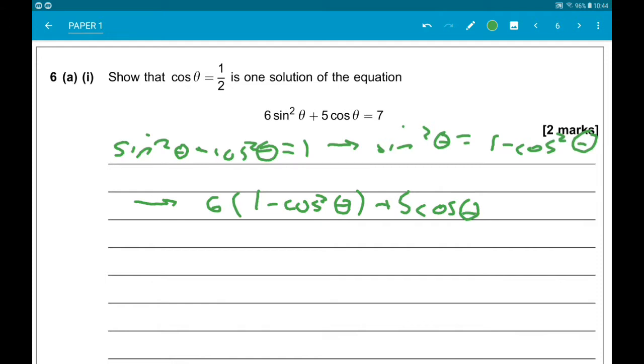Now because this is quadratic, we want everything on the same side, so I'm going to bring the 7 over to the left, so we get minus 7 is equal to 0.